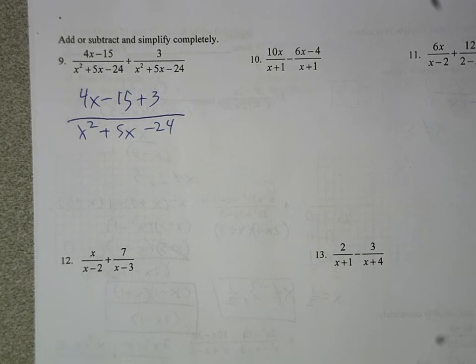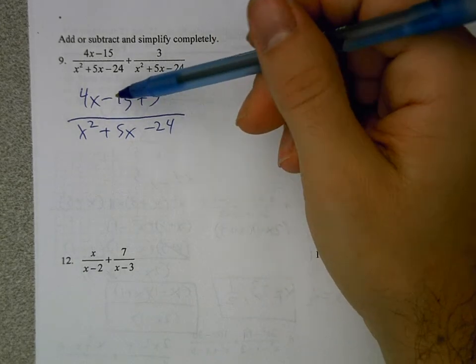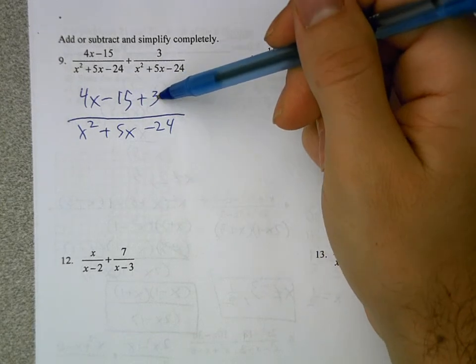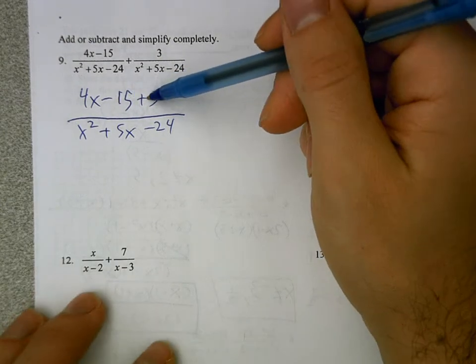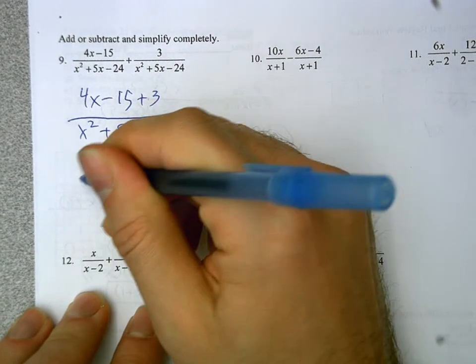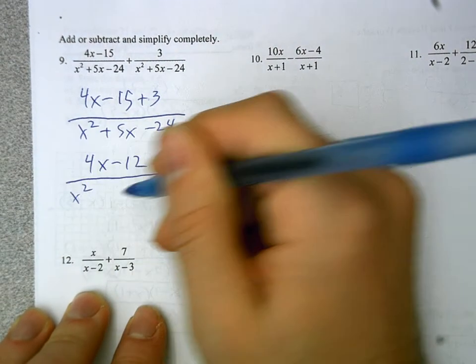So with this, 4x minus 15 plus 3, negative 15 plus 3, I can combine those. Negative 15 plus 3 is going to be negative 12. So 4x minus 12 over x squared plus 5x minus 24.